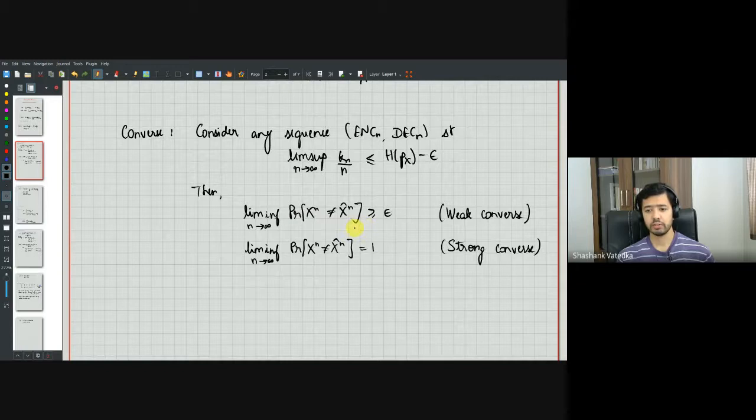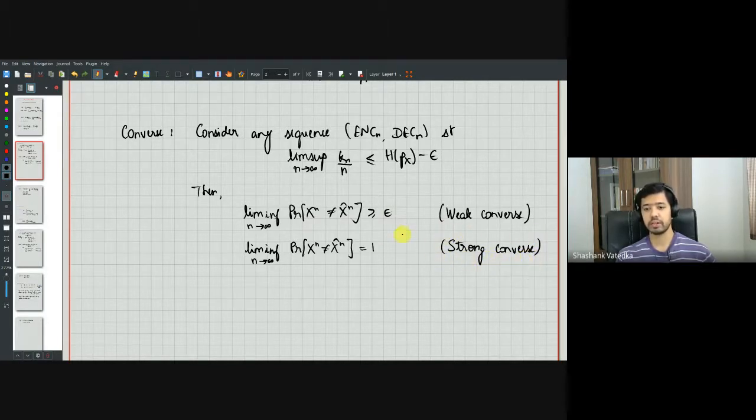And in fact, you can prove an even stronger statement. So there is something called a weak converse in information theory, which says that asymptotically the probability of error will be something which is greater than or equal to epsilon. So you cannot make it go down to zero. It has to be bounded from below by a constant. And you can prove an even stronger result, which is sometimes called a strong converse.